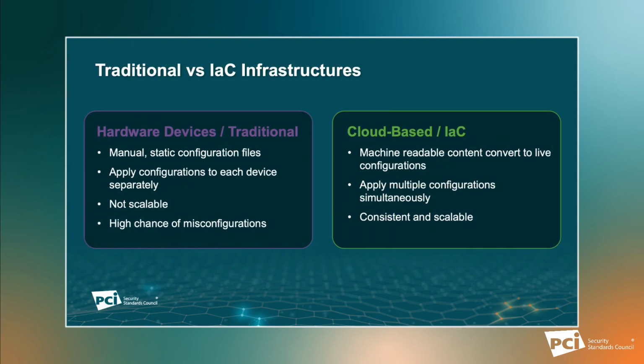And here are the differences between traditional configurations and infrastructure as code documents. Within traditional infrastructures, hardware configurations are typically updated manually at the console of each device, often one at a time. But the issue here is that when devices are updated separately, it's not really scalable, and there's a high likelihood that there are going to be some misconfigurations.